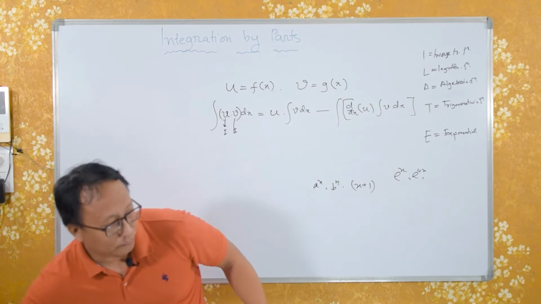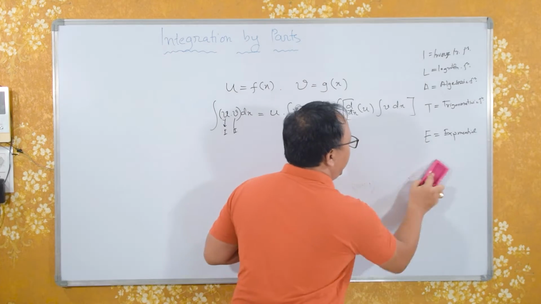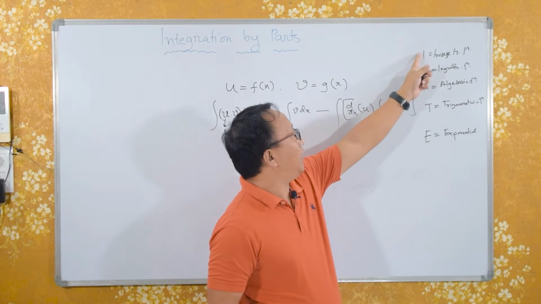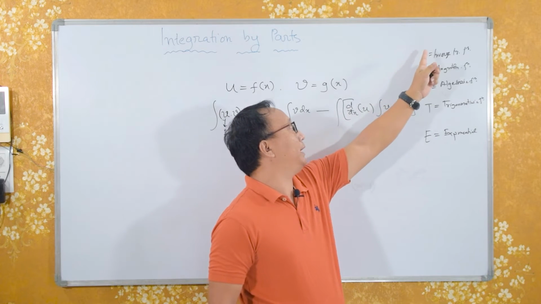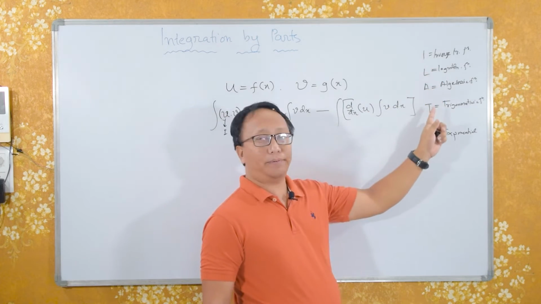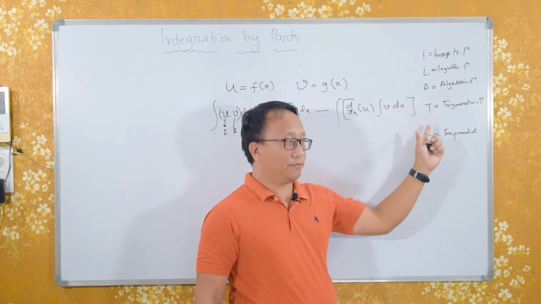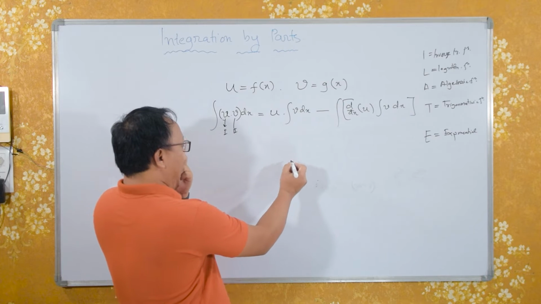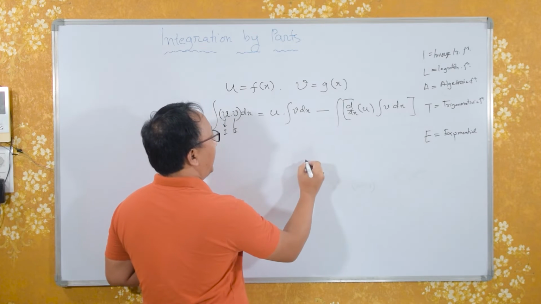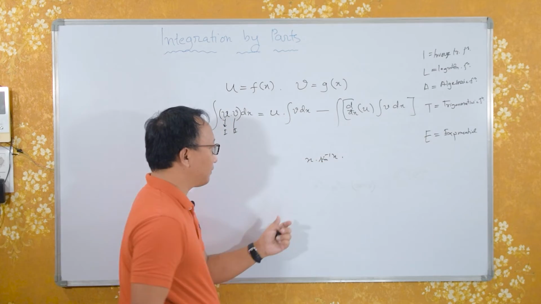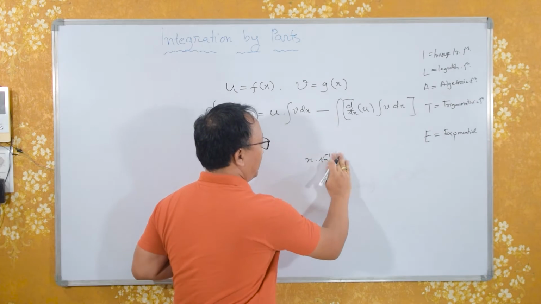Now if we have two functions, either one of them may be I, L, A, T, or E. So it's very important to choose the first function correctly. For example, I have x into sin inverse x.